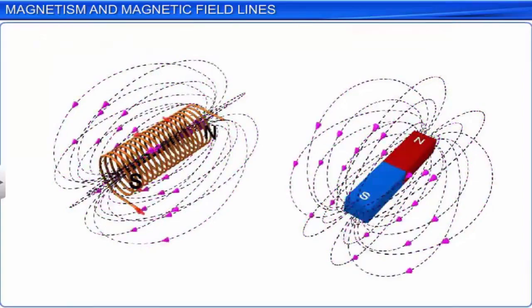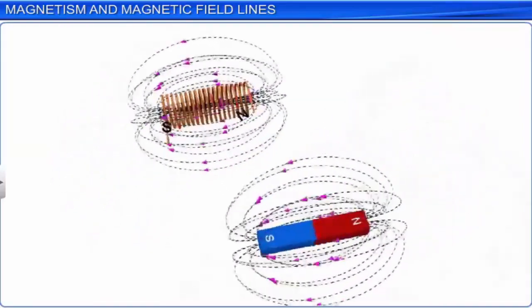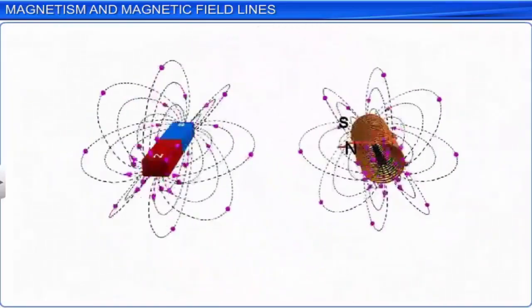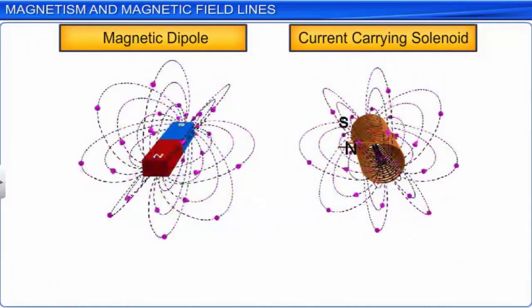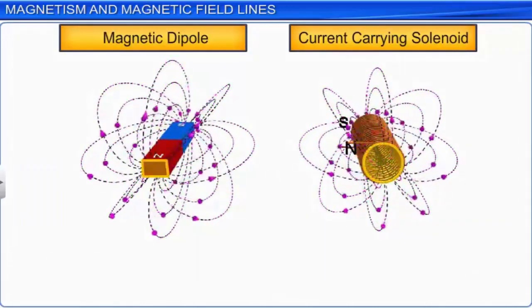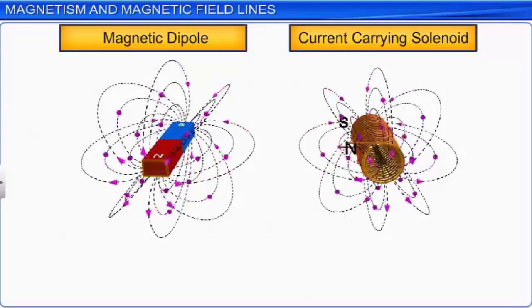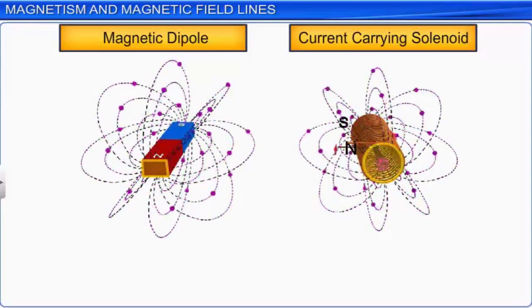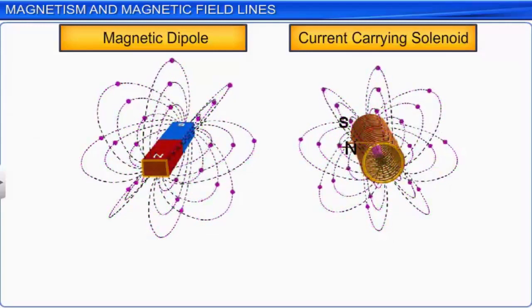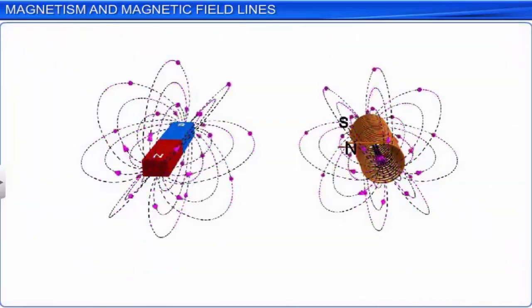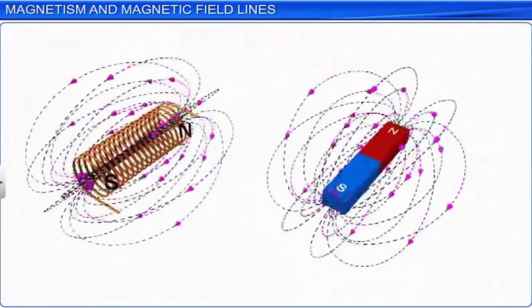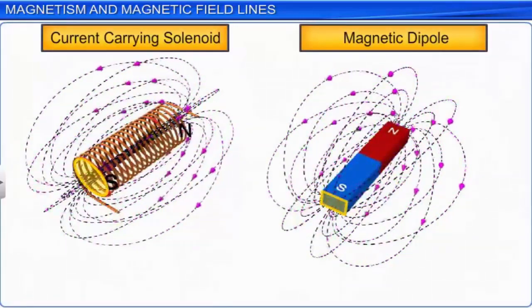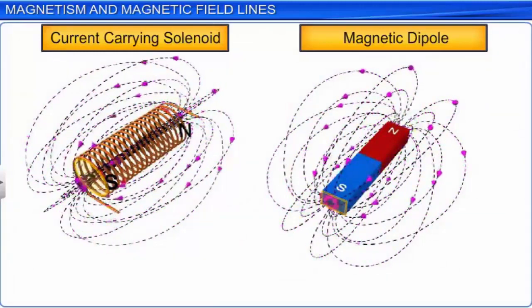The two faces of the solenoid are similar to the poles of a bar magnet. The field lines leave one face of the solenoid into its exterior, and hence, this face of the solenoid is like the north pole of the bar magnet. The field lines enter the solenoid at the other face, and hence, this face is like the south pole of the bar magnet.